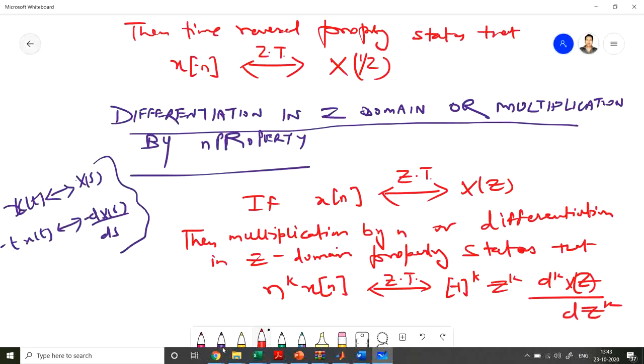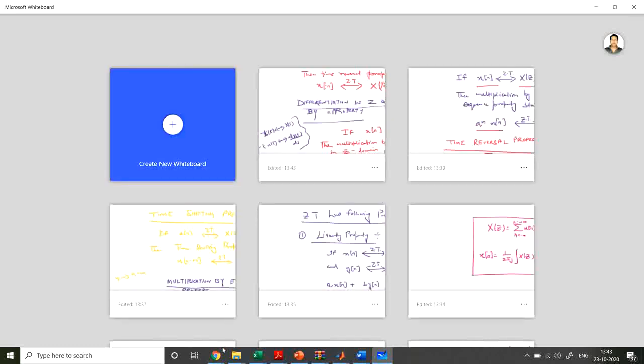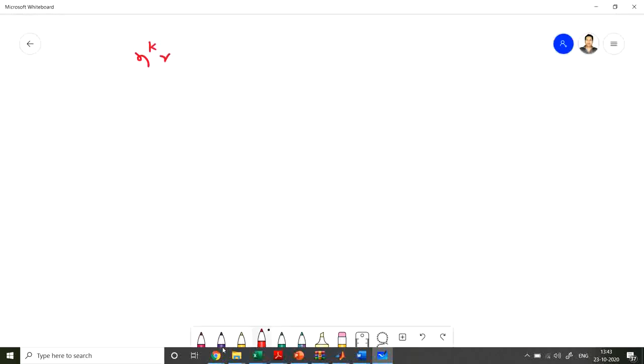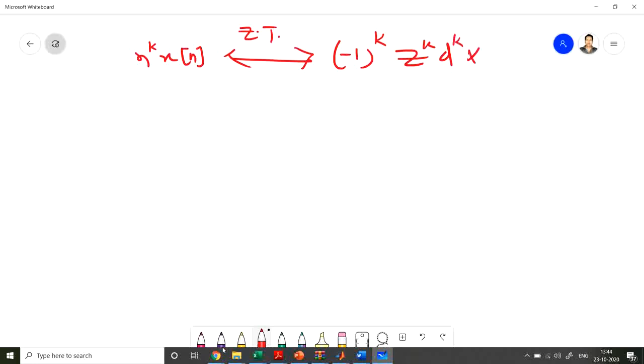I am writing this property again. Here we have taken the k-th derivative of X(z) with respect to z.